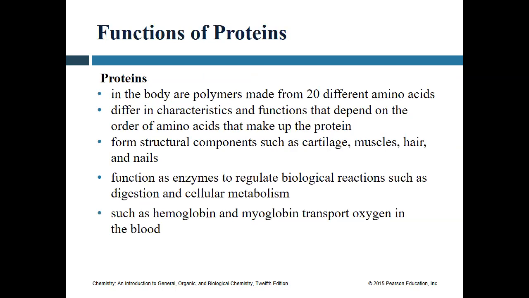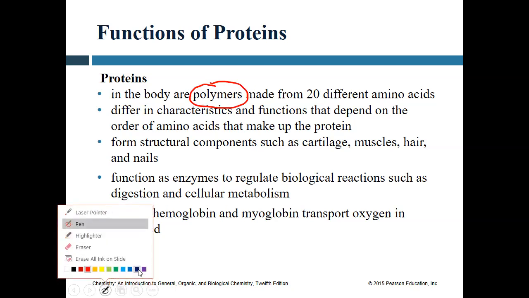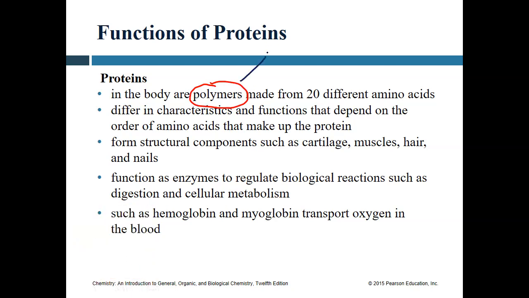With proteins, we have polymers. Polymer is a kind of a long way of saying we've got a molecule with a repeating unit forming a chain.